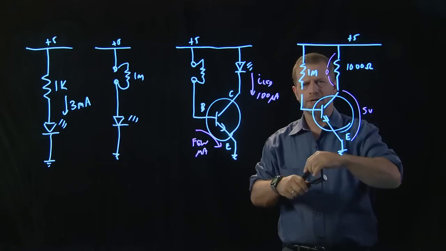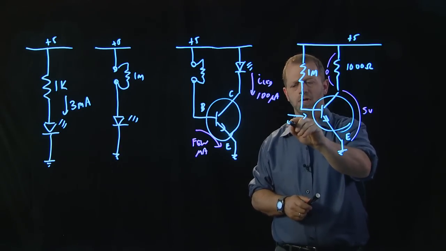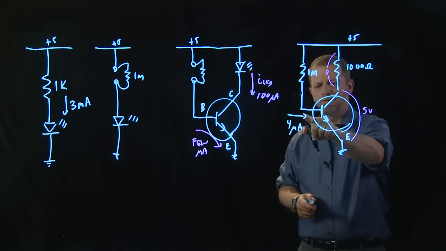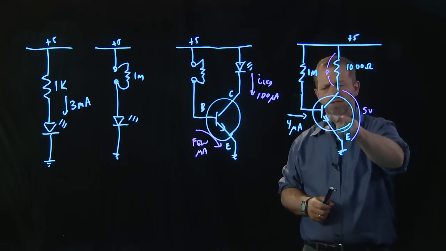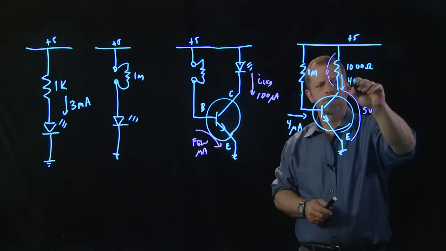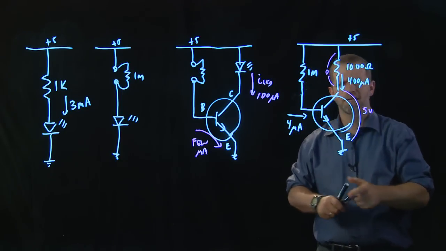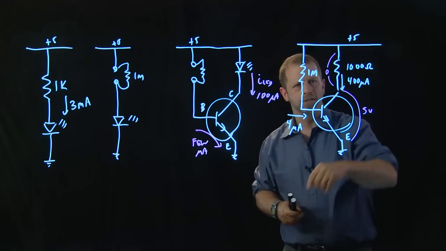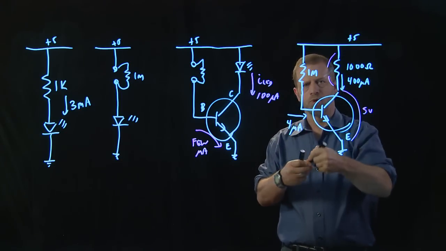So I'm going to reconnect this 1,000,000 ohm resistor. Now we know that about 4 microamps is flowing this way, and the 4 microamps of base to emitter current gets multiplied by the gain of the transistor of about 100, so we expect that there should be about 400 microamps flowing here. Let's think now. 400 microamps through a 1,000 ohm resistor is about 0.4 volts. So this measurement is now 0.4 volts.